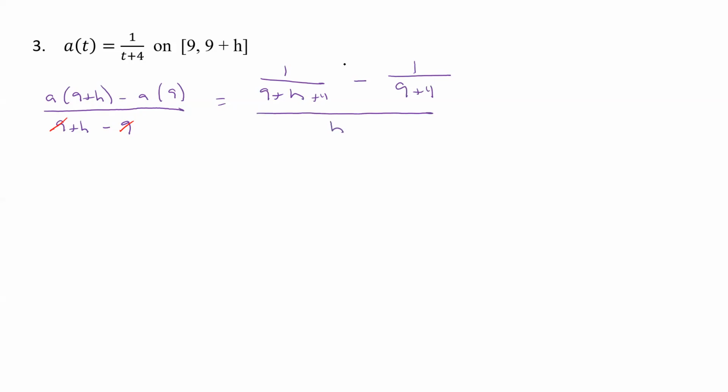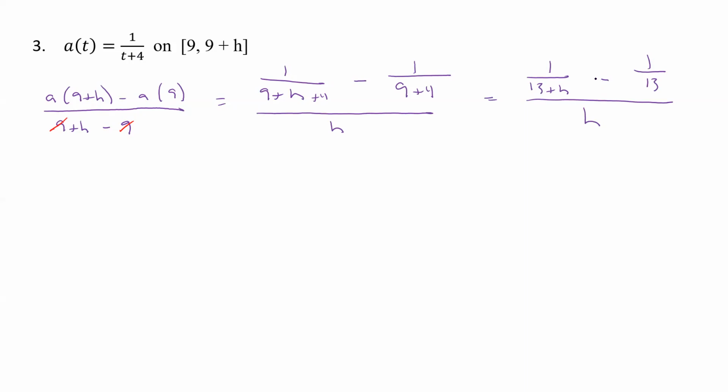Okay, so now we simplify. 9 and 4 is going to be 13, so it's going to be 1 over 13 plus h minus 1 over 13, and that's going to be all over our h.